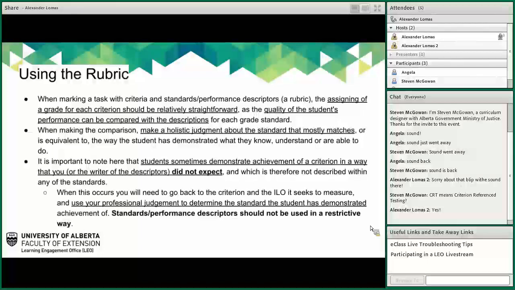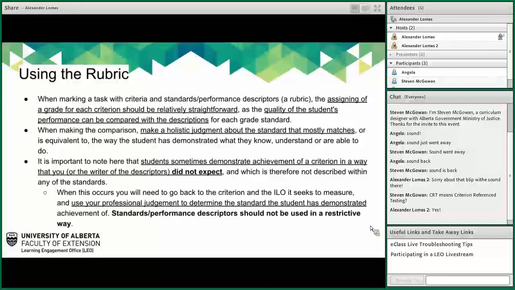It can be grades within the column, as was pointed out by Megan. It could also be a range. And then you can use that range to literally sort of say they met the criterion but at the low end, they met the criterion but at the higher end.